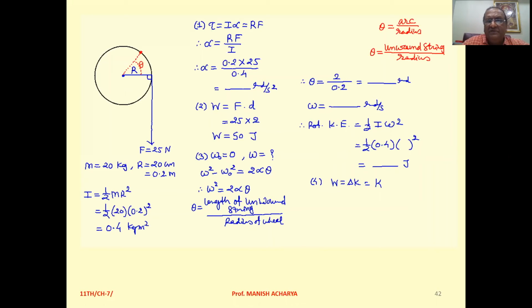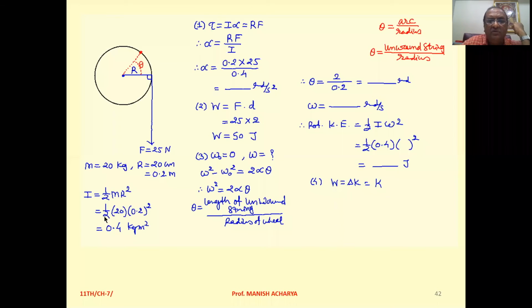Then after, during this rotation for 2 meter unwound of the string, we want to calculate the kinetic energy. Now kinetic energy is half I omega square, but we don't have omega.